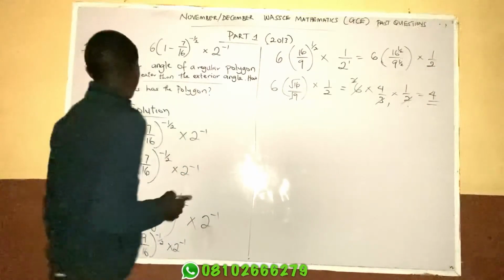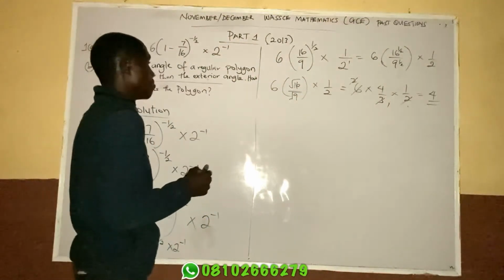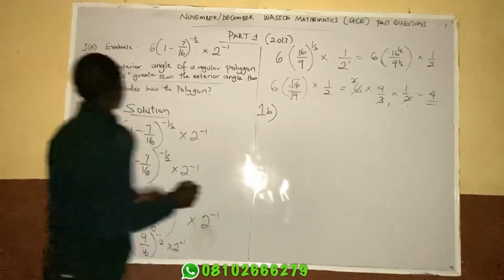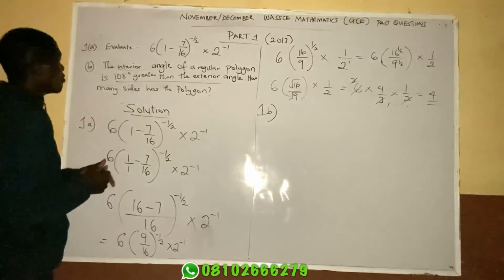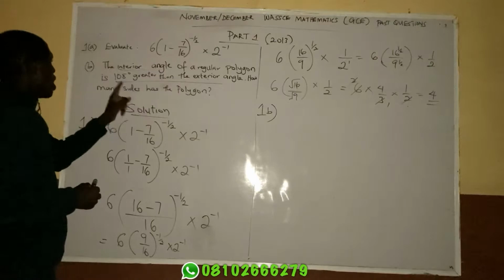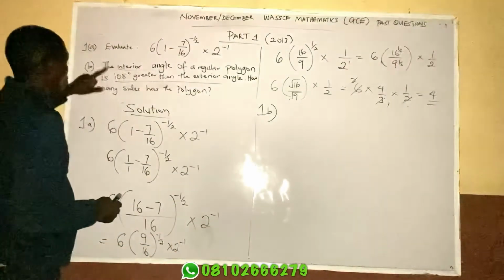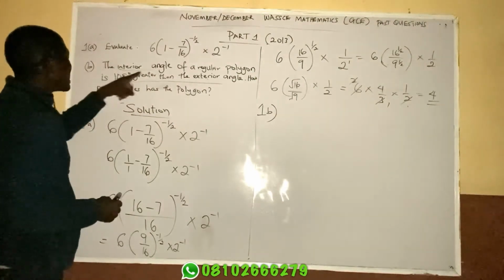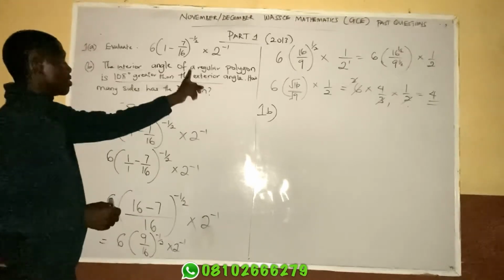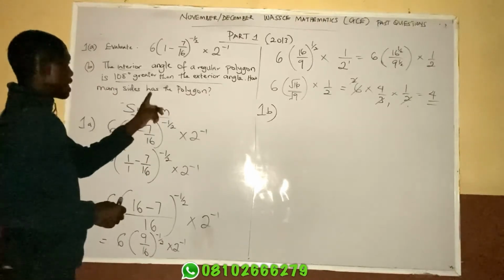Going now to number 1B, it says that the interior angle of a regular polygon is 108 greater than the exterior angle. How many sides has the polygon?